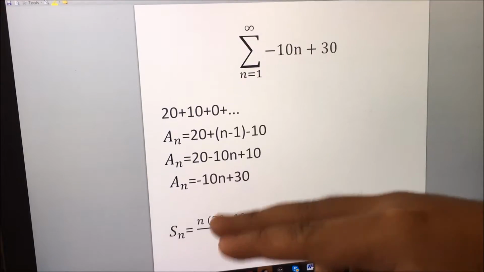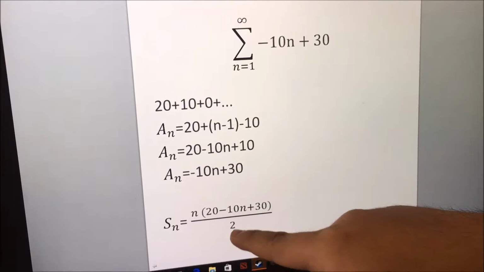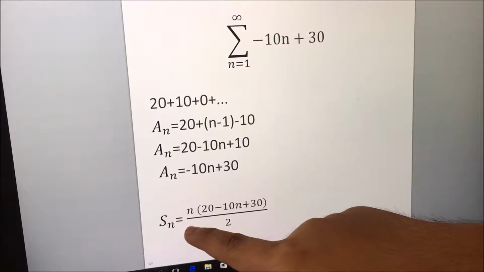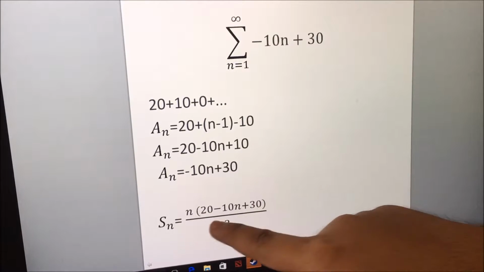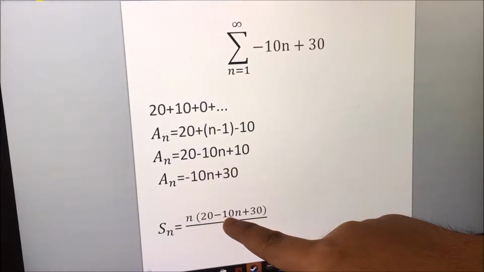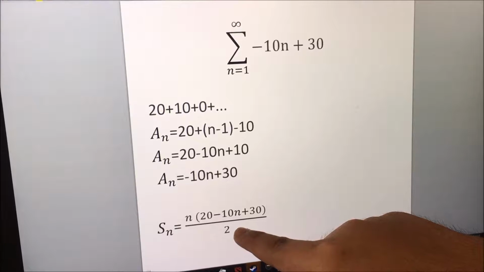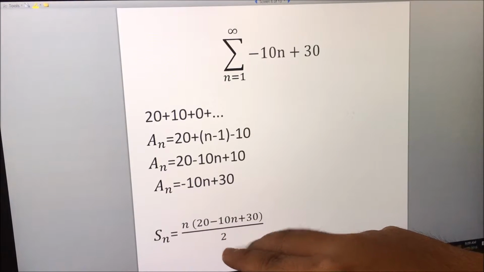So then we can use this equation for the summation. We end up with n times the quantity 20 minus 10n plus 30, which is a1 plus an, over 2.